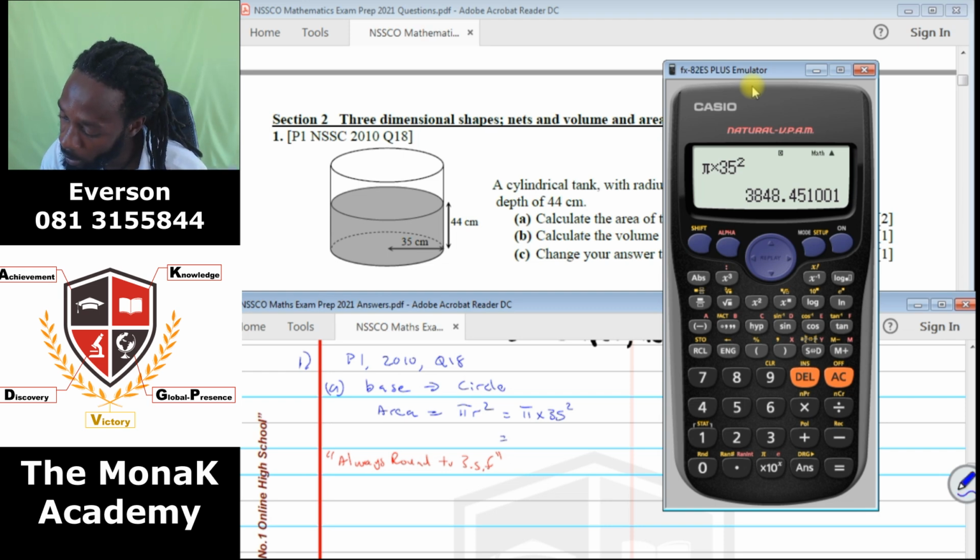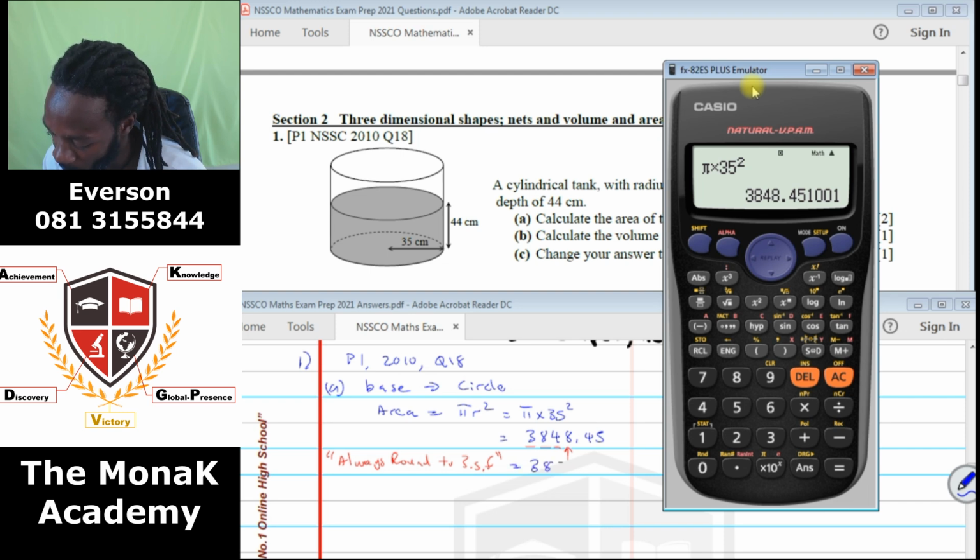So in this case, to 3 significant figures we count 1, 2, 3. We look at the 4th one. It's an 8, making the 4 a 5, and so it becomes 3850. And it's area, so it's centimeters squared.